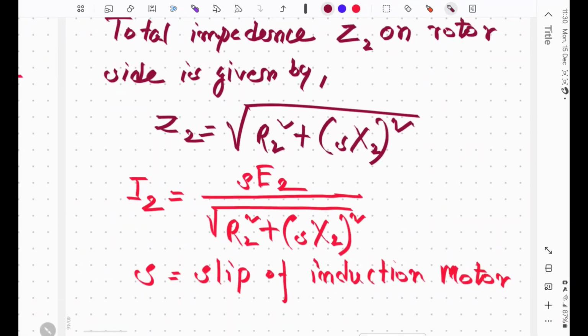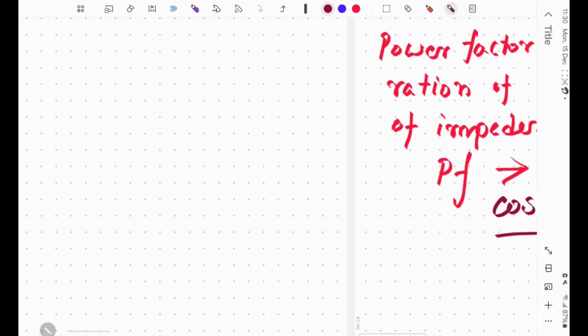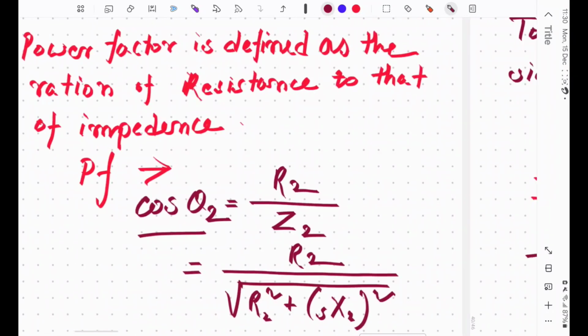I2 is S E2 by root over R2 square plus (S X2) whole square. And cos theta 2 is R2 by root over R2 square plus (S X2) whole square.